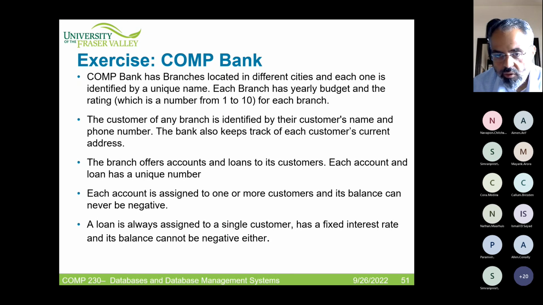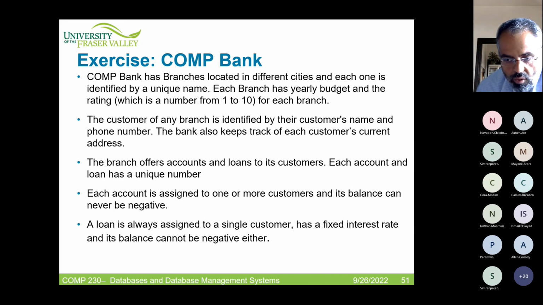The bank also keeps track of each customer's current address. The branch offers accounts and loans to its customers. Each account has a unique number. Each account is assigned to one or more customers, and its balance can never be negative.